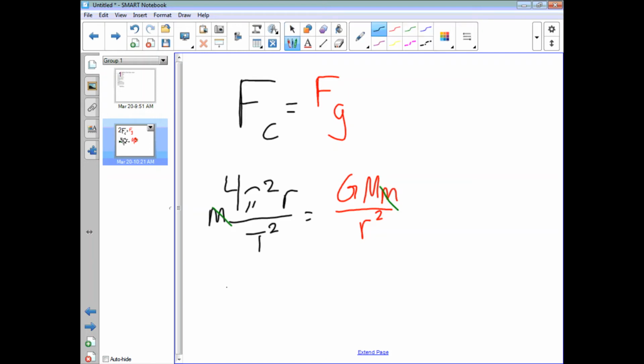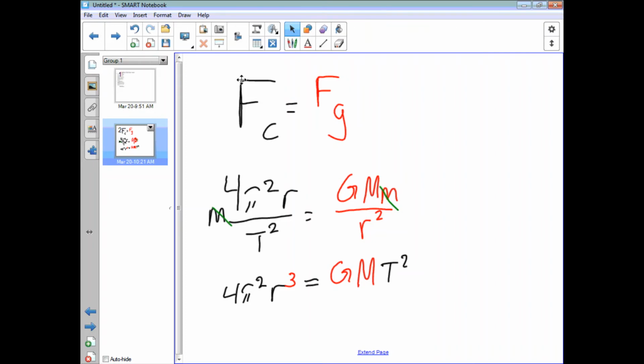So I'm going to have 4 pi squared r times r squared, which is going to be r cubed, okay? And that is equal to big G, big M, times t squared.